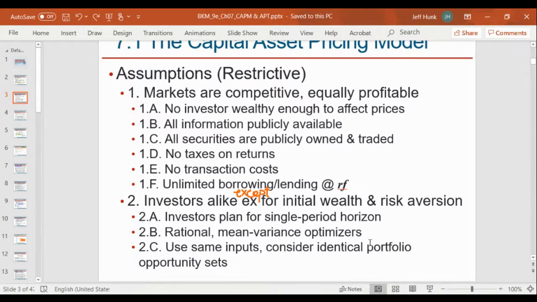Also, everyone is rational to pursue the maximum Sharpe ratio. In other words, the highest mean return to risk ratio, right? If I invest $1 million, and my return is less than $1 million, then anybody can tell that's stupid, right?